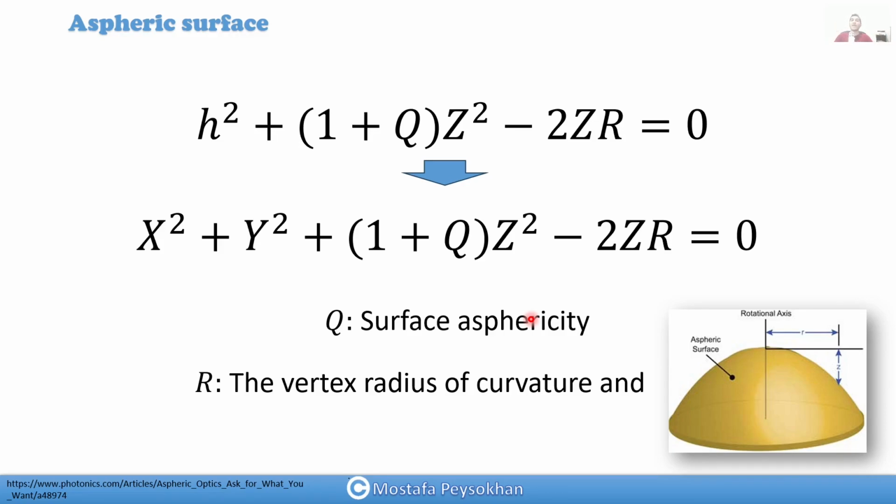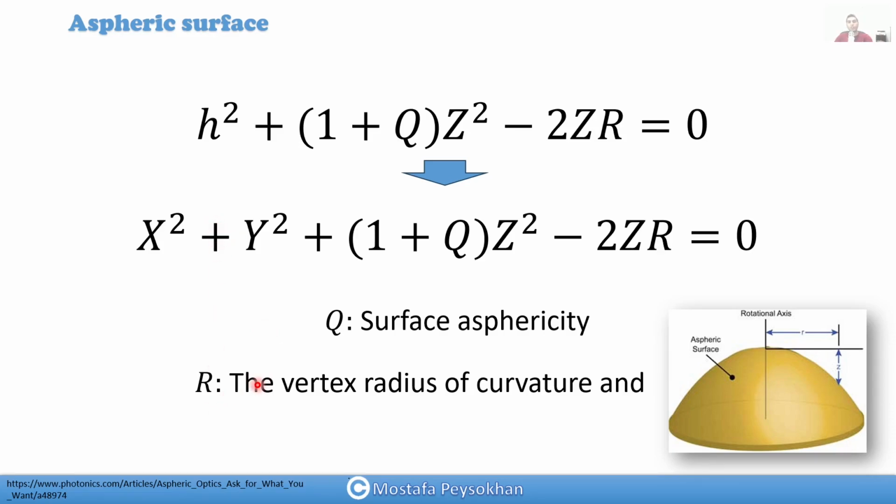But right now, we have a coefficient for z. This coefficient, we call the surface asphericity, indicated by Q. R is the radius of curvature, but for an aspheric surface, the radius of curvature is not constant, as I mentioned before. But at the vertex, at the center, we have a radius of curvature. That radius of curvature is R.